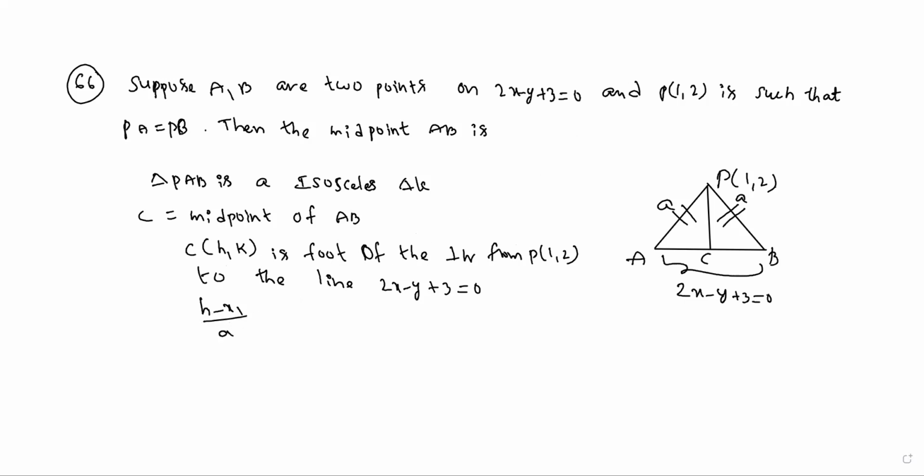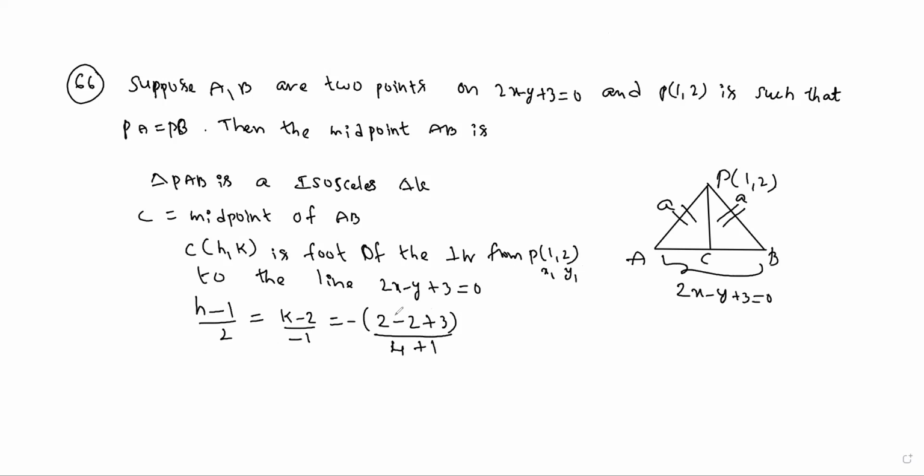I'm not writing the formula again because we used it before many times. h minus x1, where x1 is 1, over a value 2, equals k minus y1, that is 2, over b value minus 1, equals minus of (a x1 plus b y1 plus c), that is 2 into 1, 2 minus y value 2 plus 3, by a square 4 and minus 1 whole square 1.